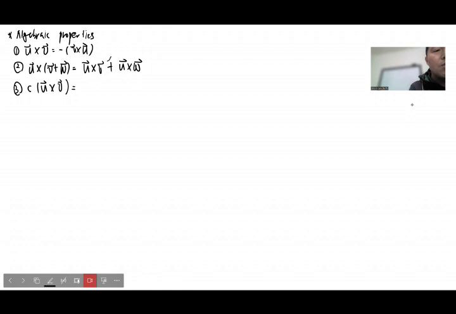It doesn't matter whether it is the one before or the one after. So that is C times U cross product V, or U cross product C times V. They should all be the same. Number 4, obviously, if you take the cross product of 0 with any vector V, that should result in the 0 vector.